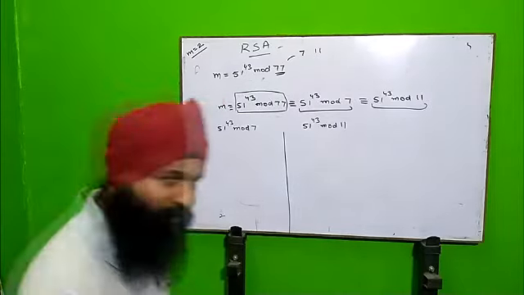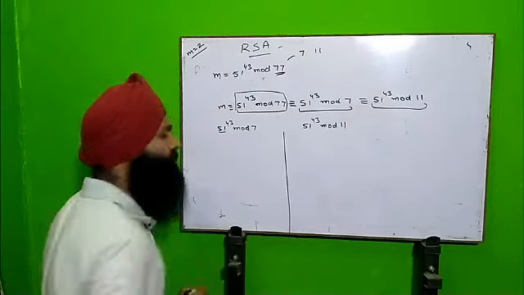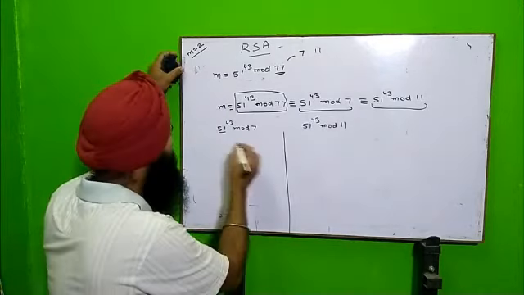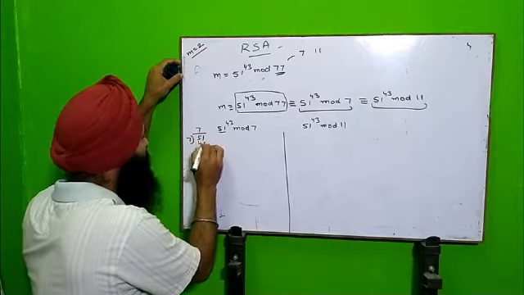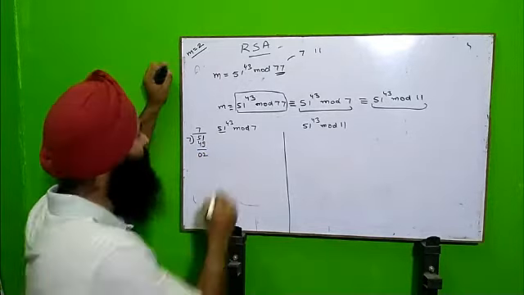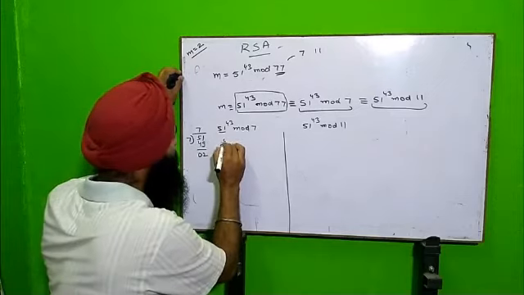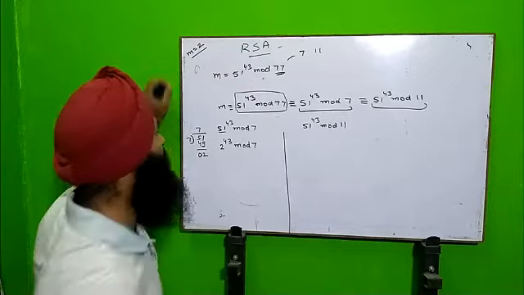Now the first step is to reduce the base value. So 51 divided by 7: 7 times 7 is 49, we have 2 as a remainder. So here I can write 2 raised to power 43 mod 7.